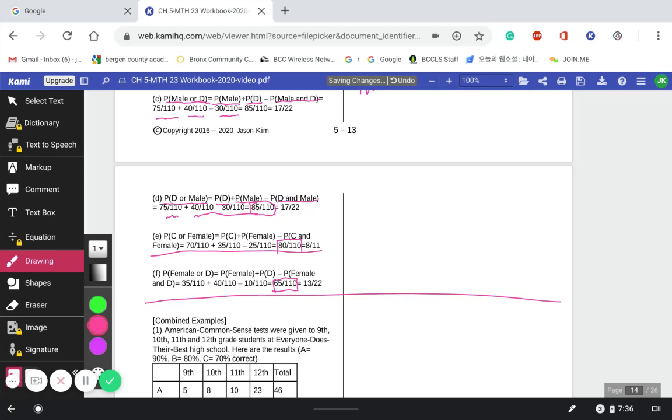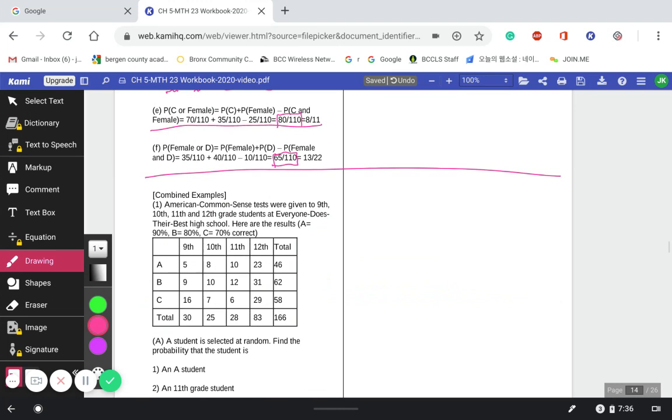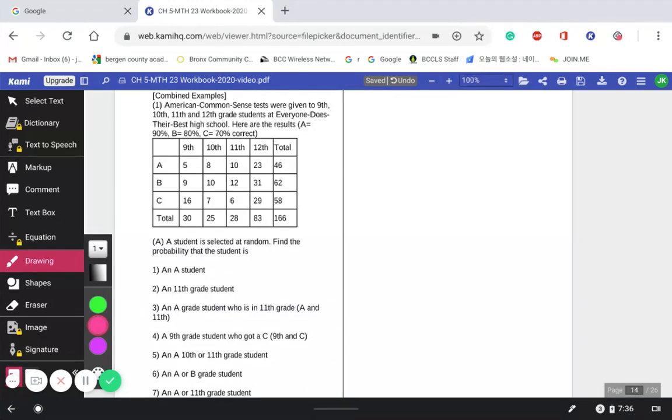Now let's combine all this in an exercise. American Common Sense tests were given to 9th, 10th, 11th, and 12th grade. Everybody does their best in high school. Here are the results. A is 90%, B is 80% correct, and C is 70% correct.